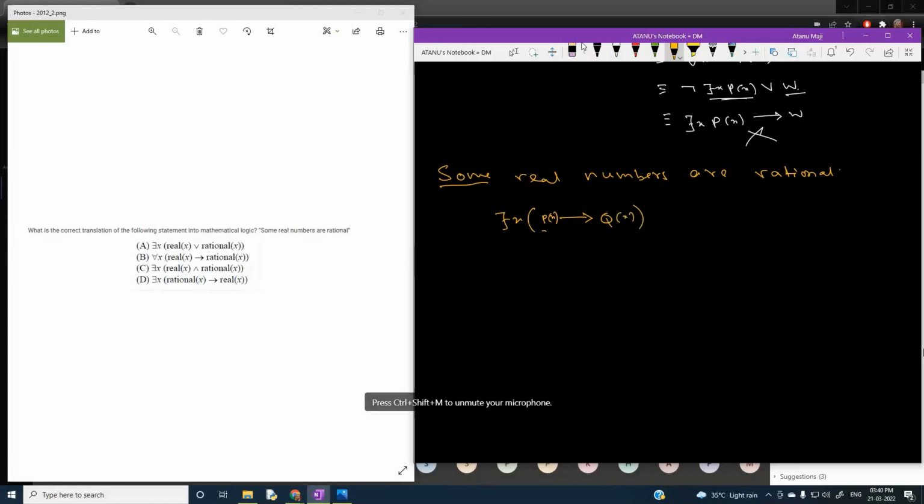Because the meaning of this is when px will be true, then qx will happen, then this is true. But if you look at the truth table for the conditional connective, you can see when both are false also, result is true. So that means this thing will be true even when p and q both are false.